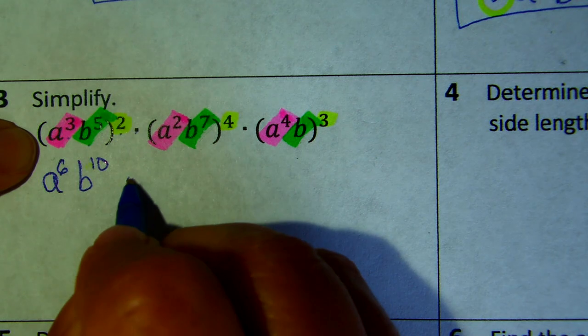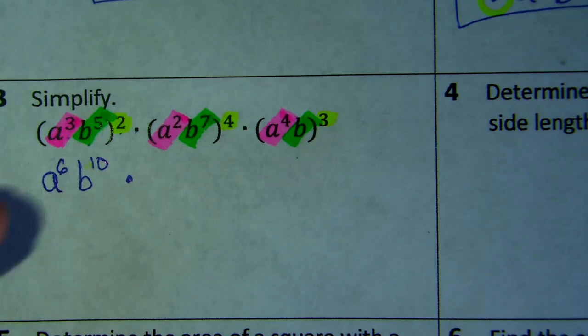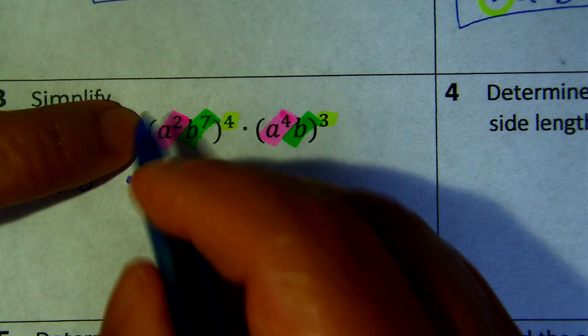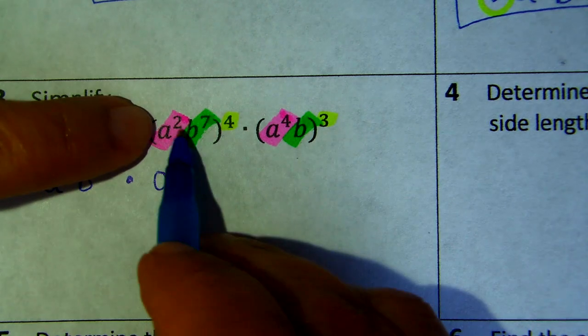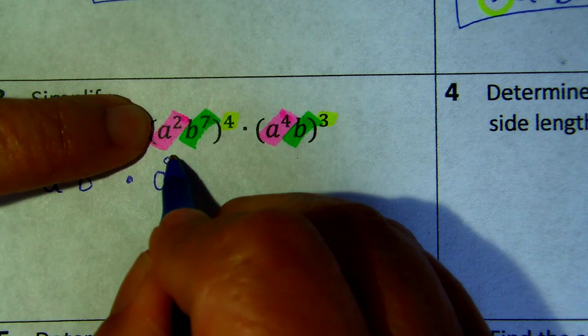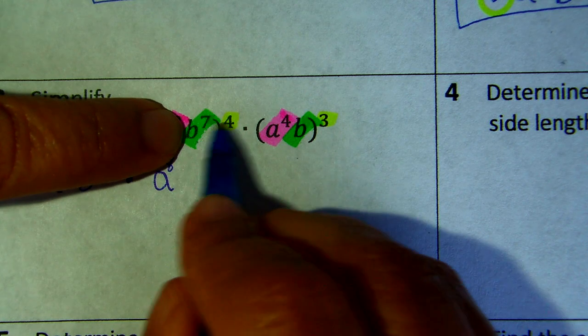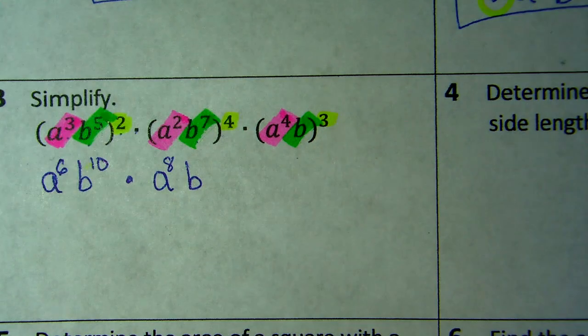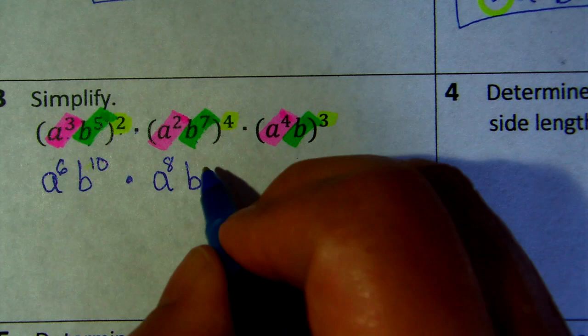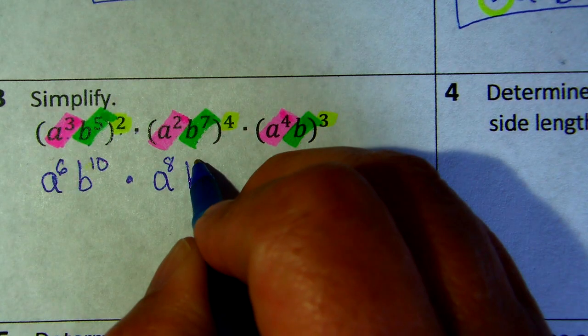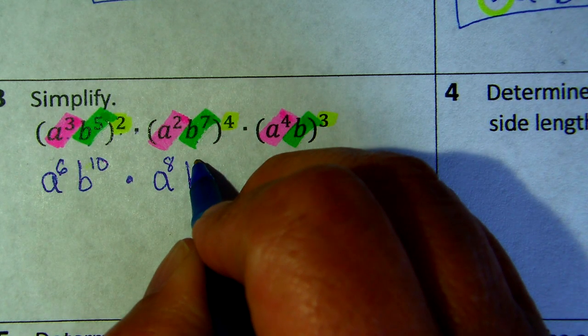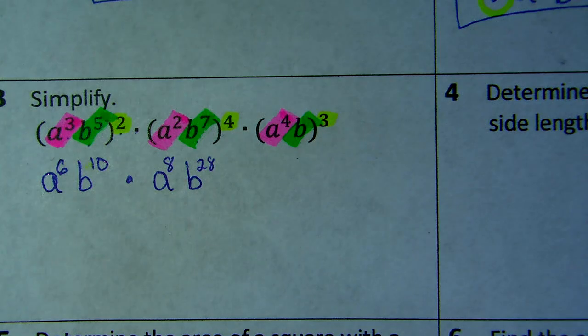Then we have the multiplication of the other term, of the other monomial. Let's begin with the A. 2 times 4, 8. Then the B, 7 times 4, that's 28. Yes.